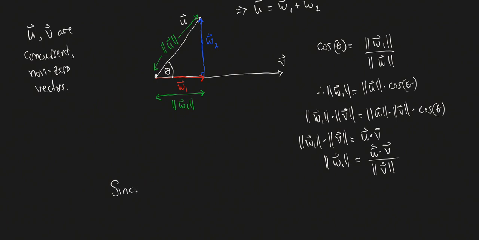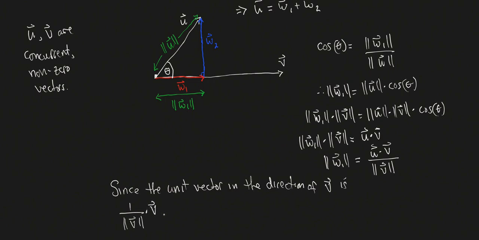Since the unit vector in the direction of v is this, we know how to normalize it, so it's 1 over the magnitude of v times v, right? So this is the vector.